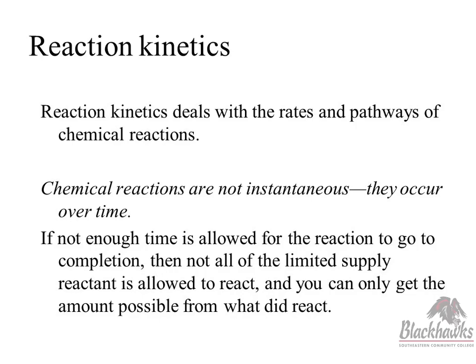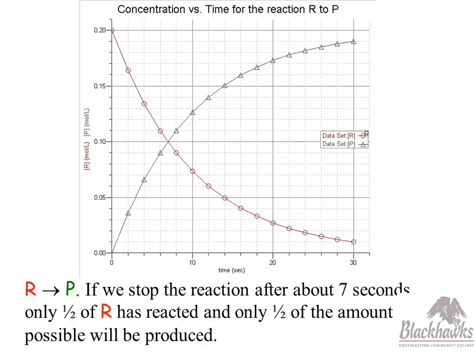But let's say you're impatient and you just don't give the reaction long enough time to proceed to form products. This is showing you the R is the reactants, the P is the products. And not so surprising, your reactants will go down and your products will increase.